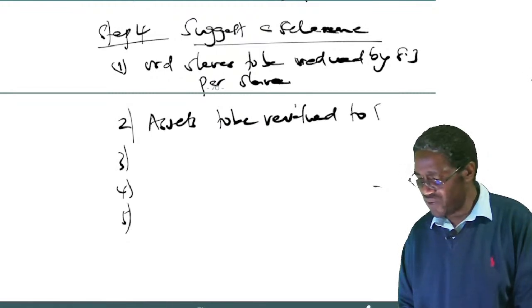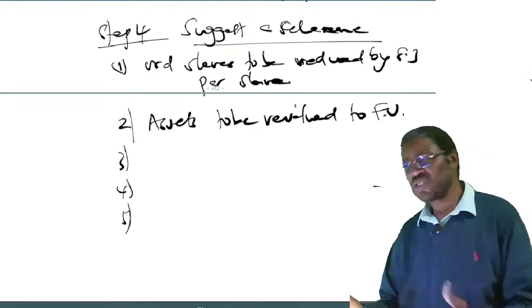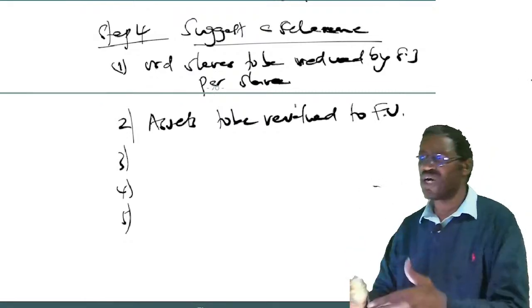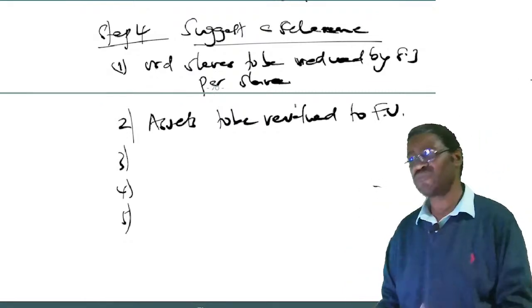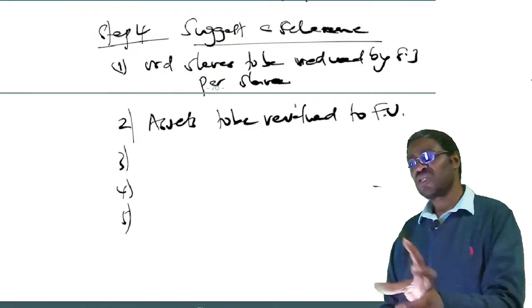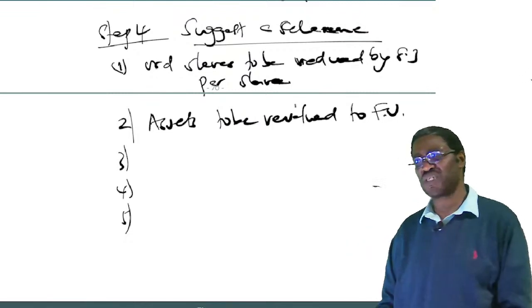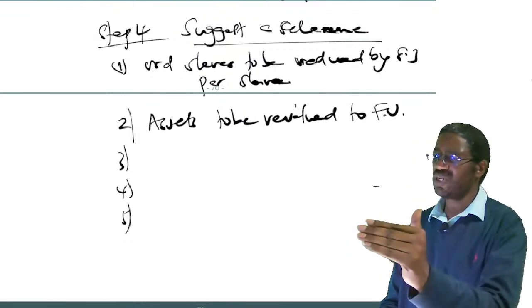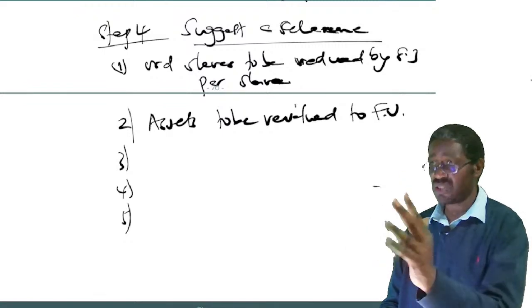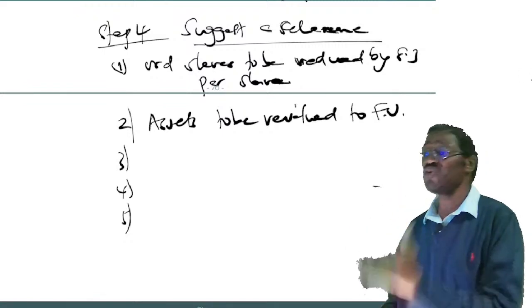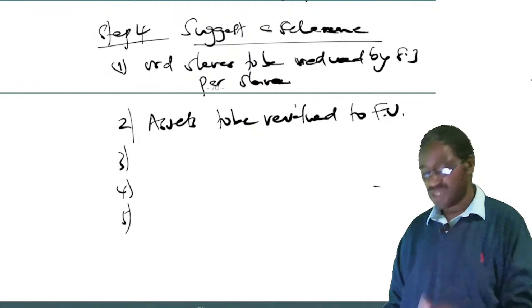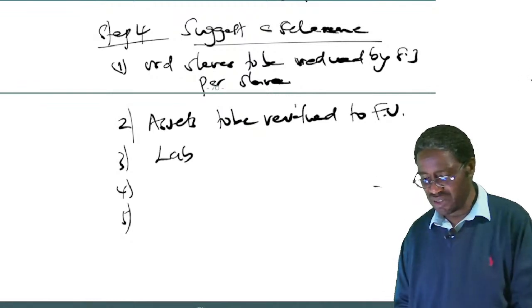Assets to be revalued to their fair values as follows. Machinery this much, furniture this much, motor vehicle this much, and so on. So that through the process of revaluation of those assets, some of them will decrease in value, that's a loss. Some of them will increase in value. That's a gain. Same to liabilities.